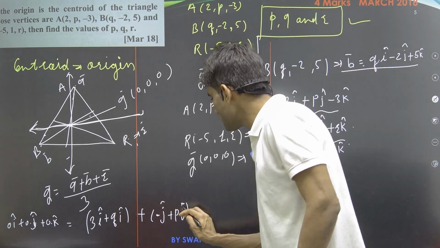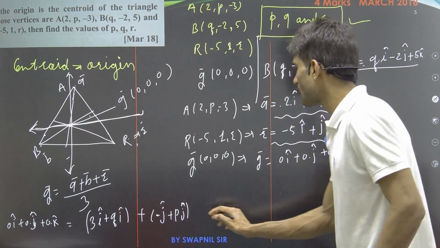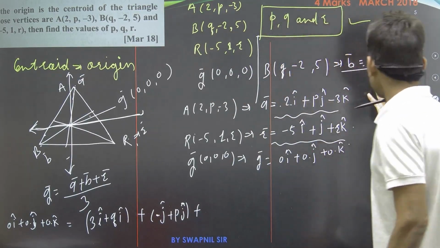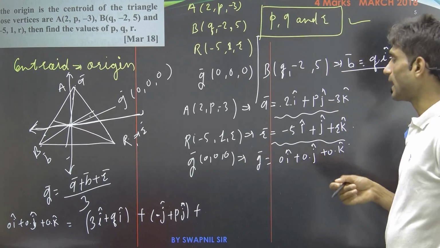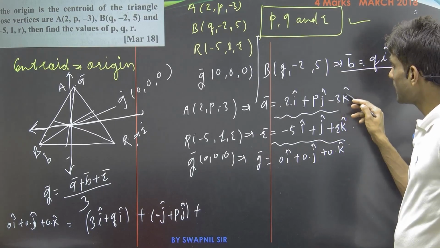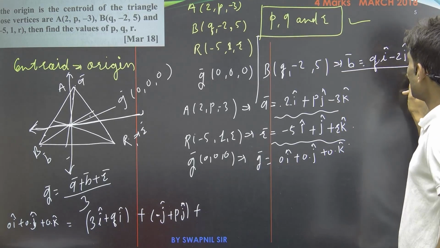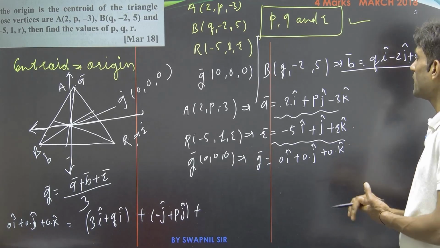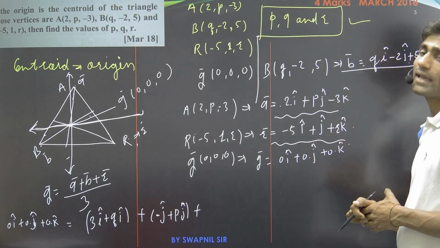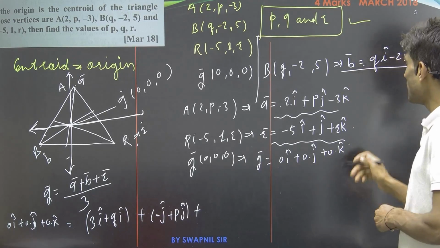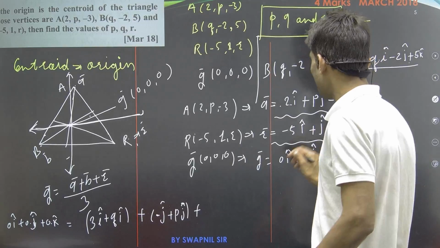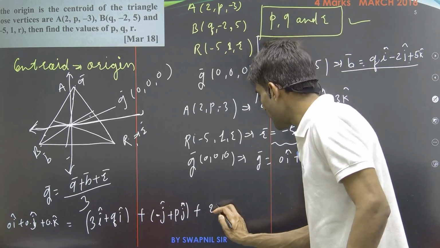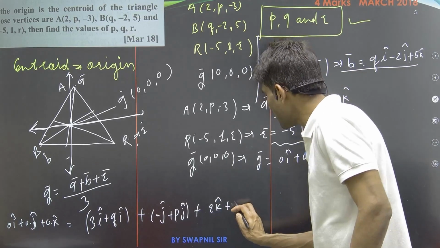That means minus j cap plus p times j cap. After that we have the coefficient for k cap: minus 3 k cap plus 5 k cap, so 5 k cap minus 3 k cap can be written as 2 k cap plus r k cap. So we have 2 times k cap plus r times k cap.